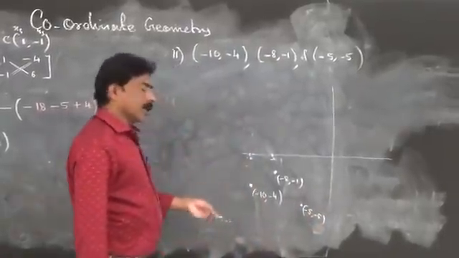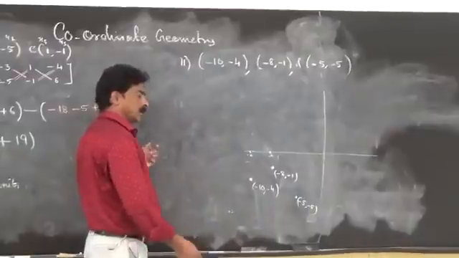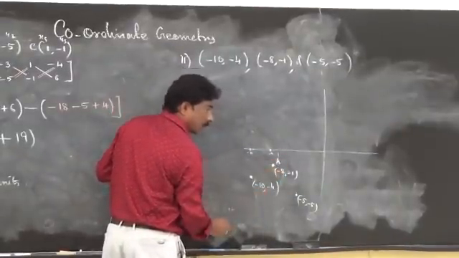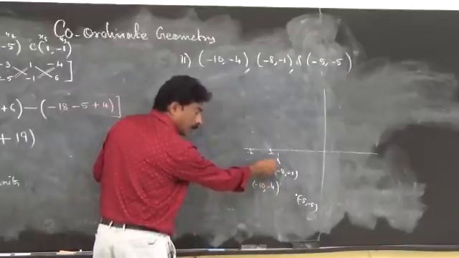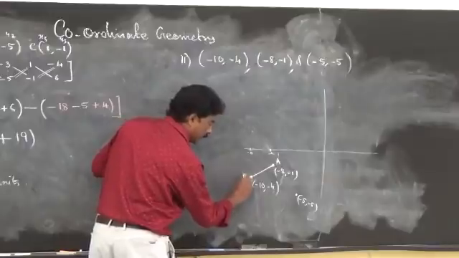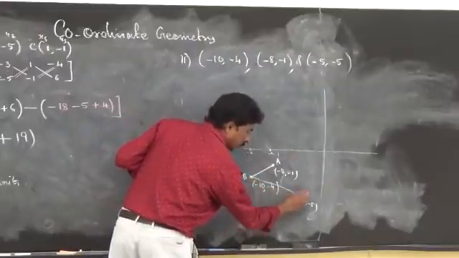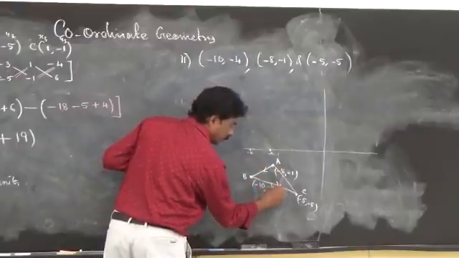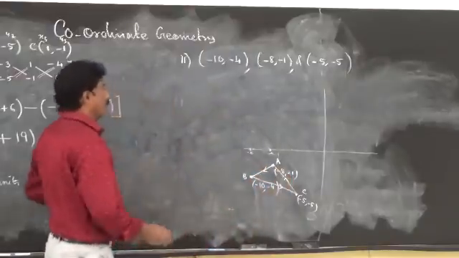Now, after plotting, you can start from anywhere. Suppose I start from minus 8, if I call this A, then where do I have to go? I have to go anti-clockwise. So I have to come to minus 10, comma minus 4, that is B. Then I have to go to minus 5, comma minus 5, that is C. So the direction is like this, anti-clockwise. Now name it.